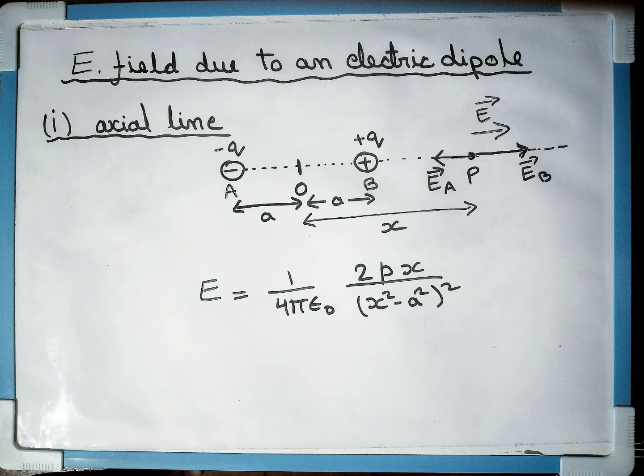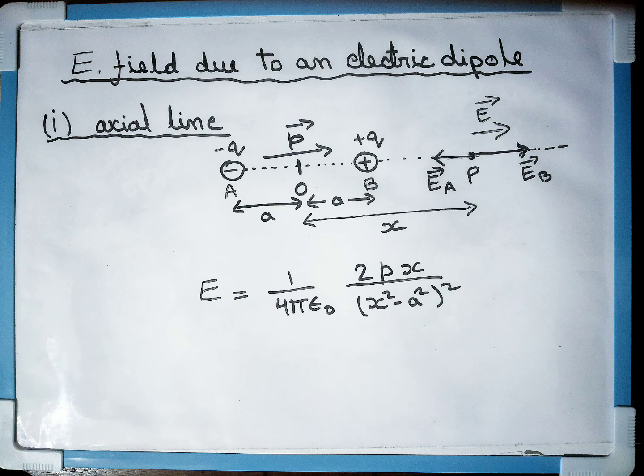Now the direction of the dipole moment is from minus Q to plus Q. Hence you can see that the electric field and the electric dipole moment are in the same direction.